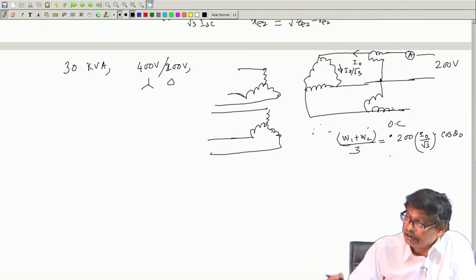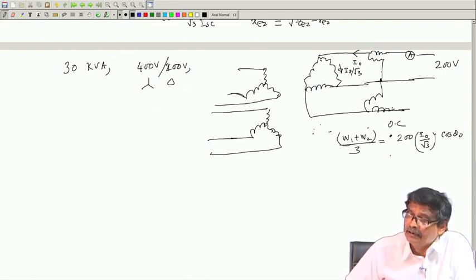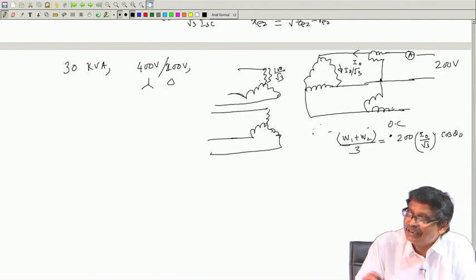Then I will calculate I naught by root 3 sin theta naught to get the magnetizing current. And while drawing the equivalent circuit, I will refer to this side, 200 volt. Only thing is, in that case the turns ratio will be 200 by 400 by root 3, that you must understand.